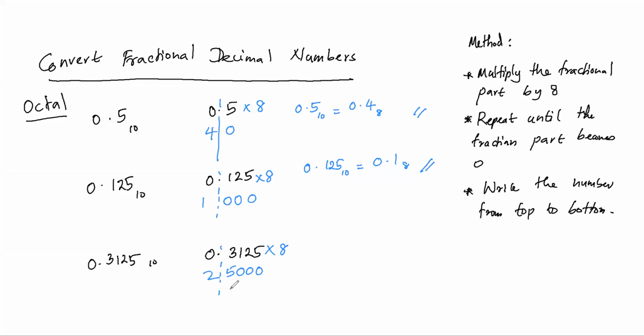So we have 2 and we have 5. 8 times 0.5 is 4. So that means 0.3125 in base 10 equals 0.24 in base 8.